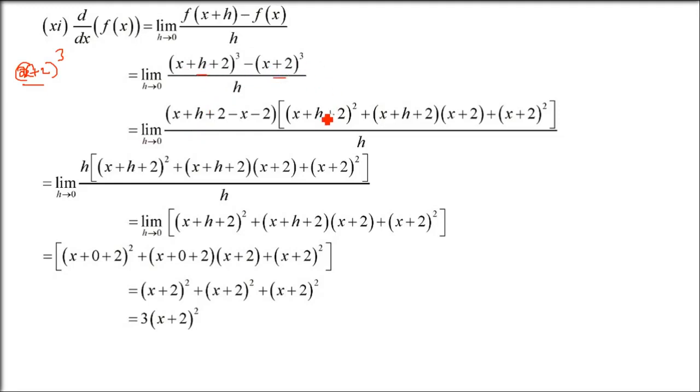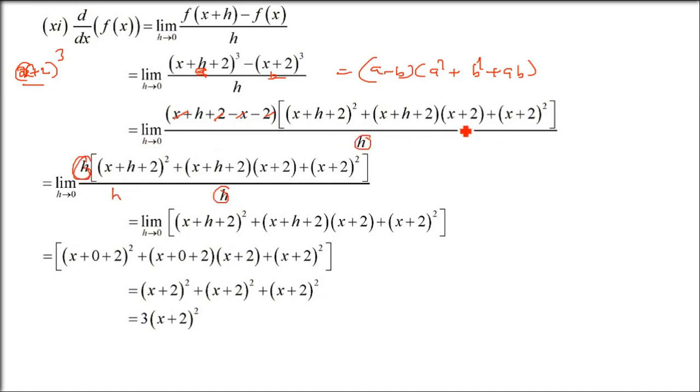So a cube minus b cube is, this is a and this is b, a minus b times a square plus b square plus ab. So a is x plus h plus 2, b is x plus 2. Now root 2 gets cancelled, x gets cancelled. You have h, which can be cancelled out.